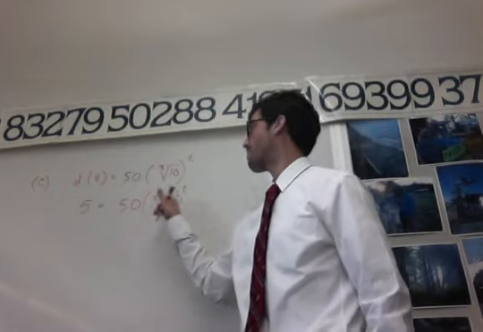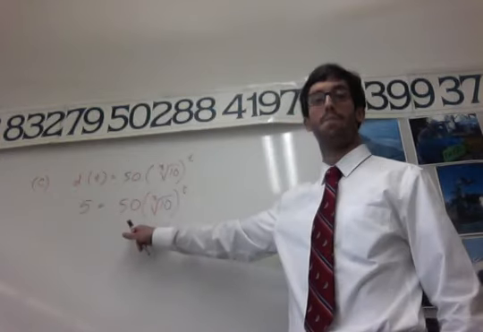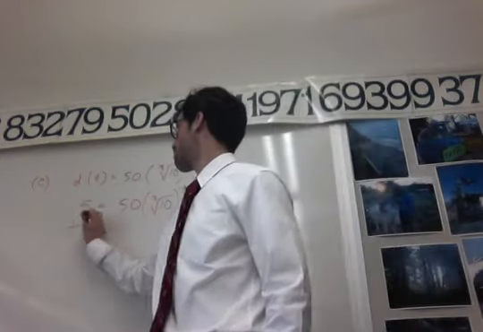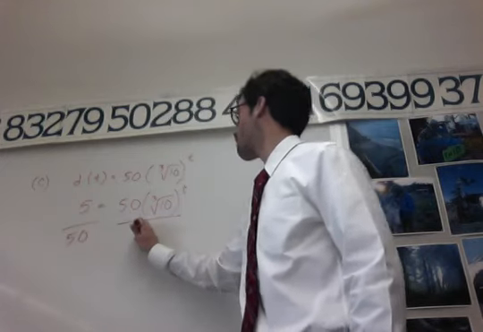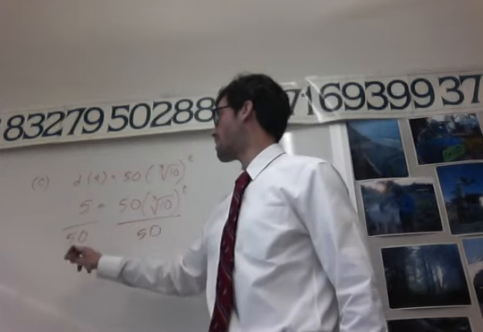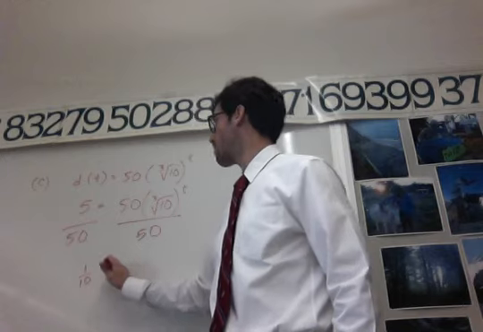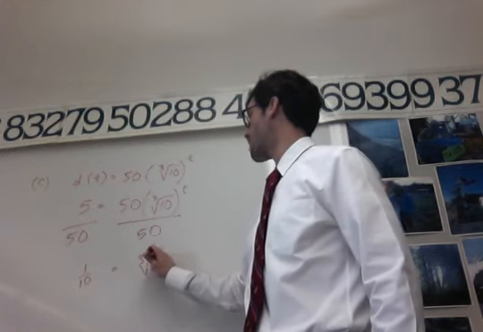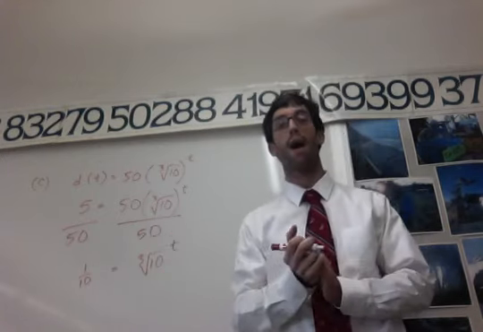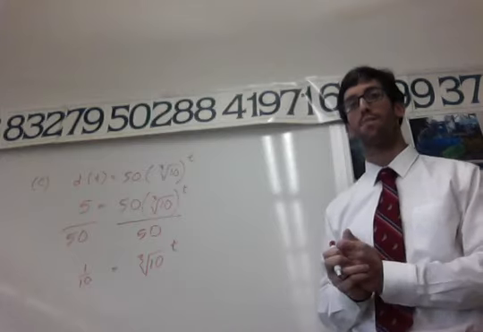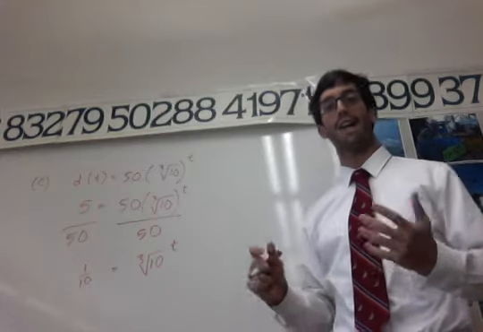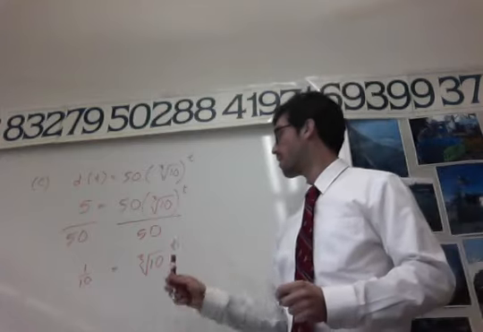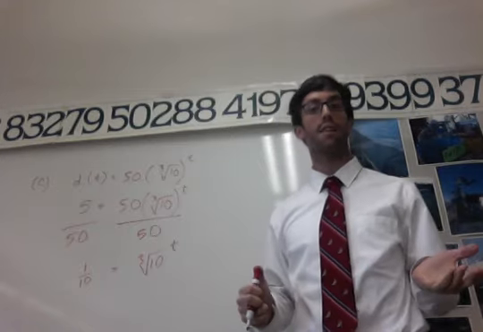So to solve this problem for the exponent, I would divide by 50 to start. I think everyone should do that. And we get 1/10. 0.1 equals the cube root of 10 to the tth power. Now, if you recall the most recent quiz, we're now solving an exponential equation. And yeah, we could use logs.